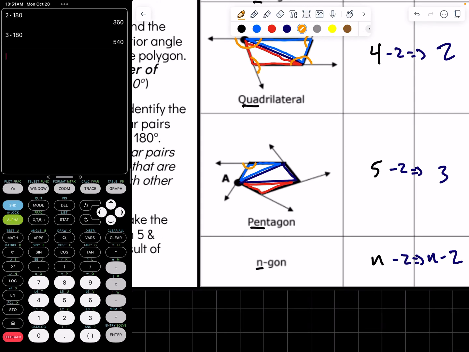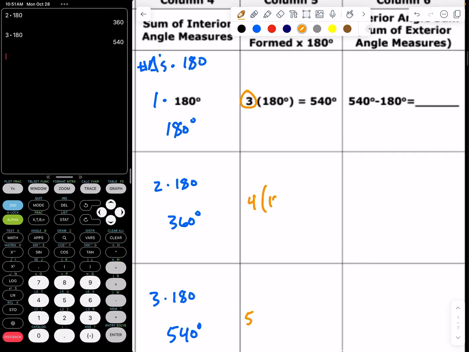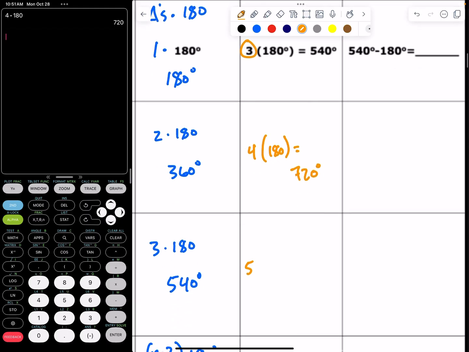We've got 1, 2, 3, 4, and 5 linear pairs here. So we take 4 times 180, and 4 times 180 is 720. 5 times 180, not 720, is going to be 900.